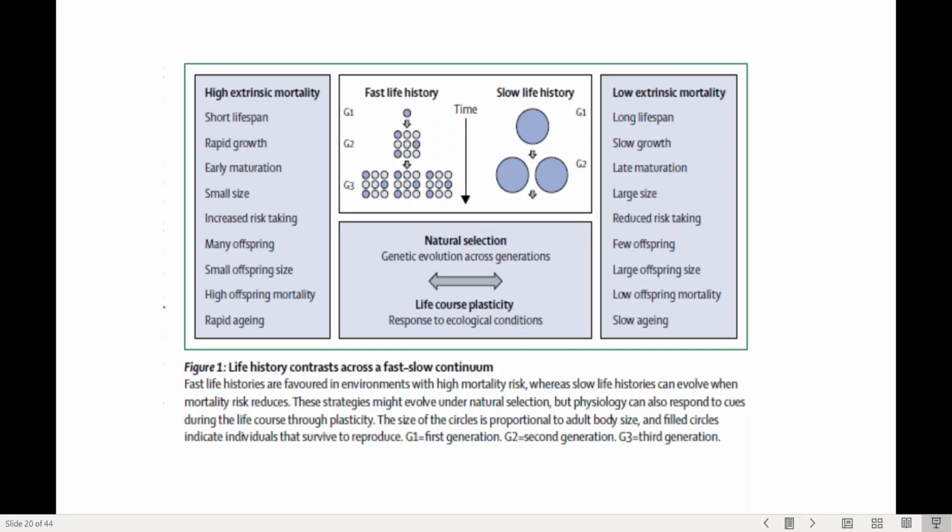So this is where plasticity, the idea of adapting to the local environment and responding to these ecological conditions, becomes really, really important.